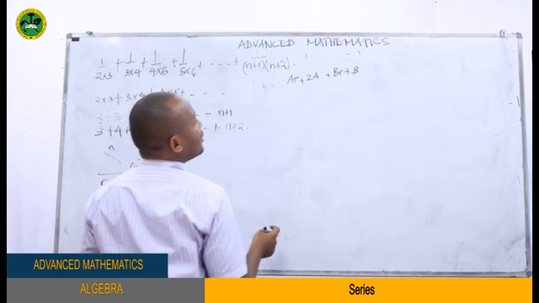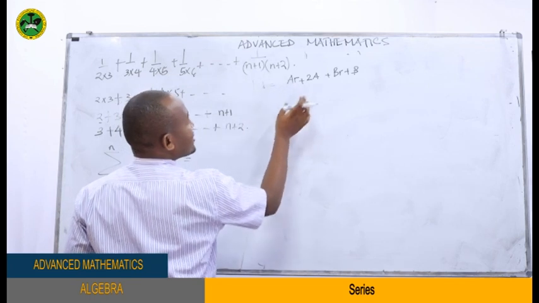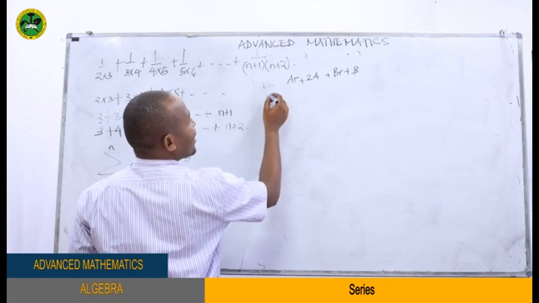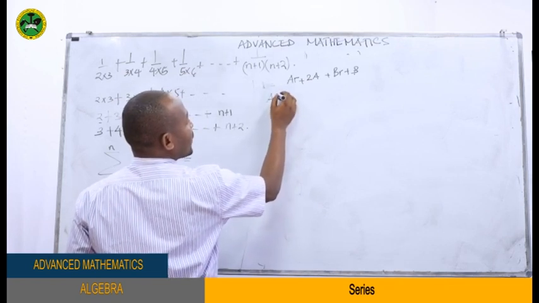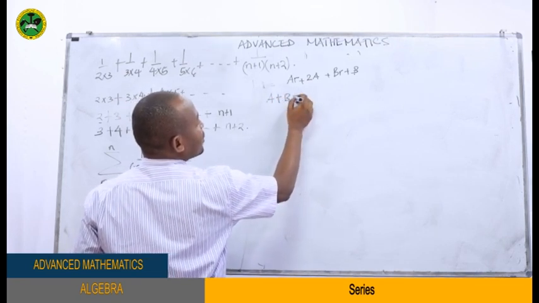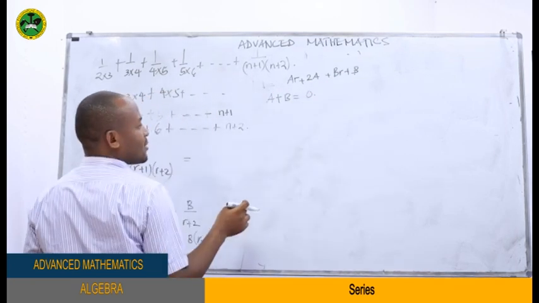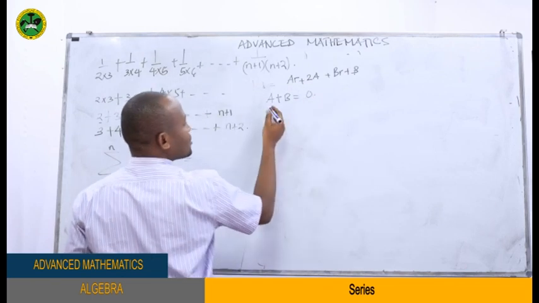Collecting the constants and the coefficients of r, we are going to have a plus b, and since there is nothing to compare it with on the left, it equals 0.